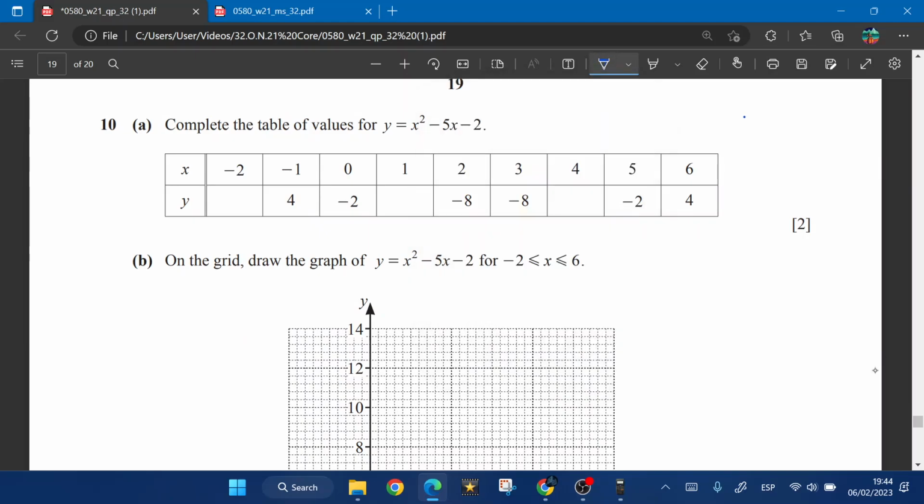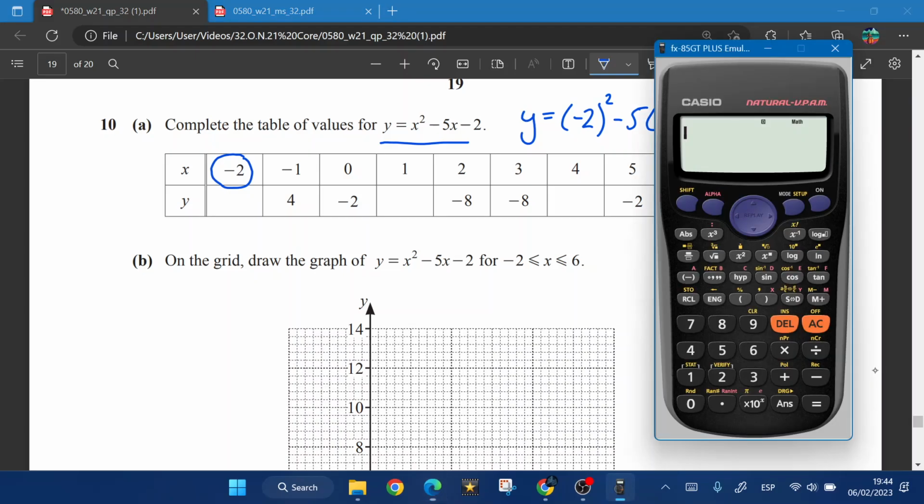I think it's the last question on the paper. Right. Complete the table. So, first position here, -2. We want to put that into the equation over here. And the best thing to do here is use brackets. So, you're going to do (-2) squared minus 5 times (-2), minus 2. You don't have to use brackets, but you can never go wrong with brackets.